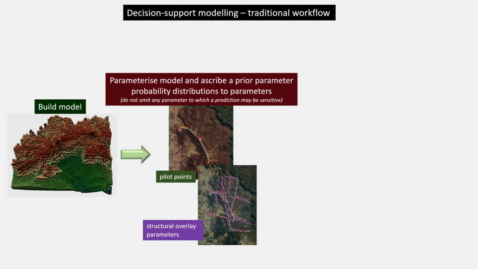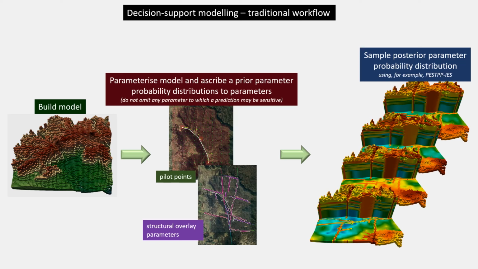So we build the model, equip it with parameters, and then equip those parameters with a prior probability distribution. Then, using for example the PEST Ensemble Smoother or some other device, I take the prior and translate that.